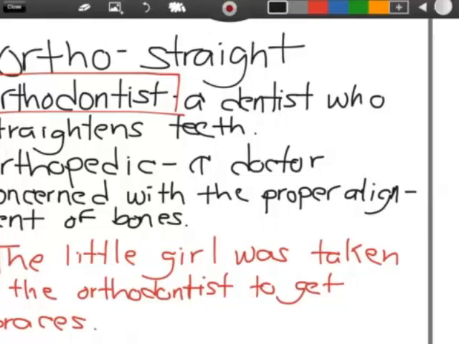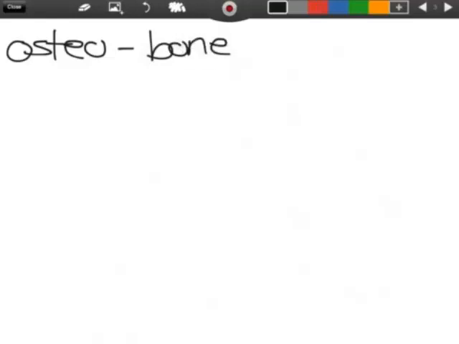Moving on to our next root, which is osteo. And osteo means bone. I'm going to give you an example. Osteoarthritis.